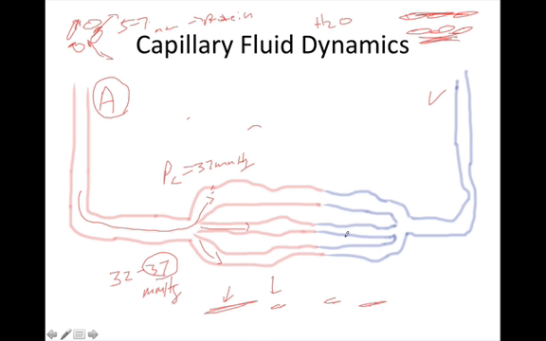Now, the average plasma colloid osmotic pressure is going to be around 25 millimeters of mercury. So basically we have a pushing force of 37 millimeters of mercury and a pulling force of 25.